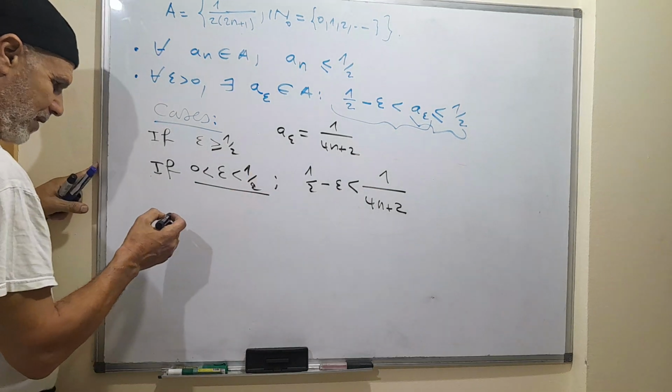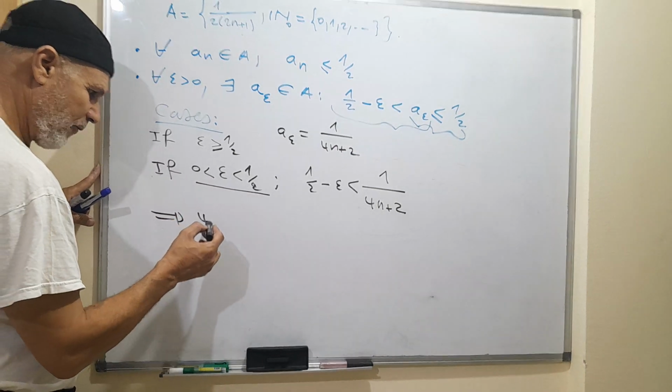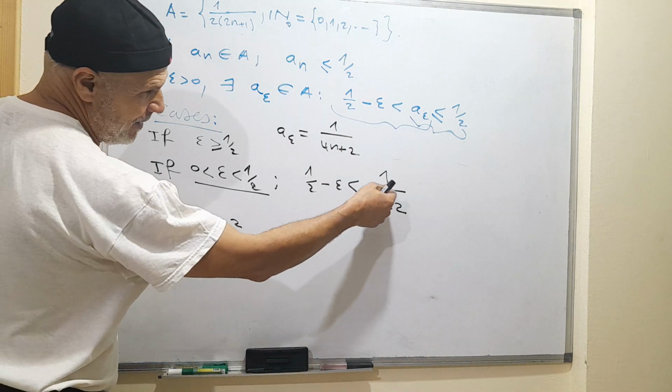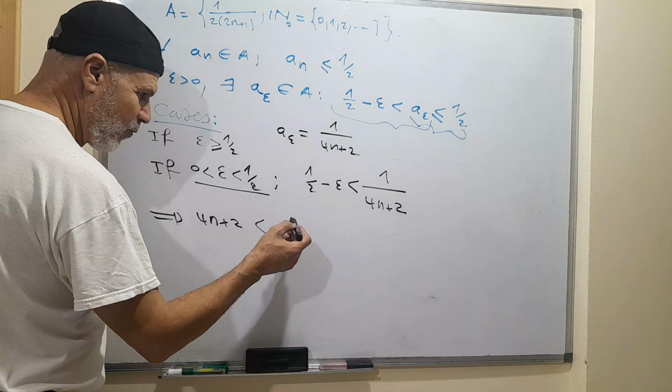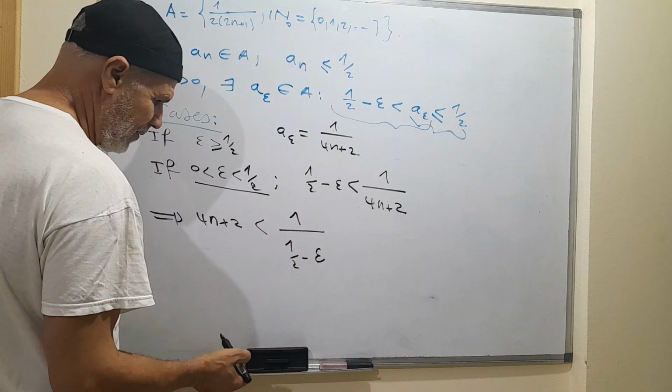We take the inverse, which implies that 4n plus 2 will be less than 1 over 1/2 minus epsilon.